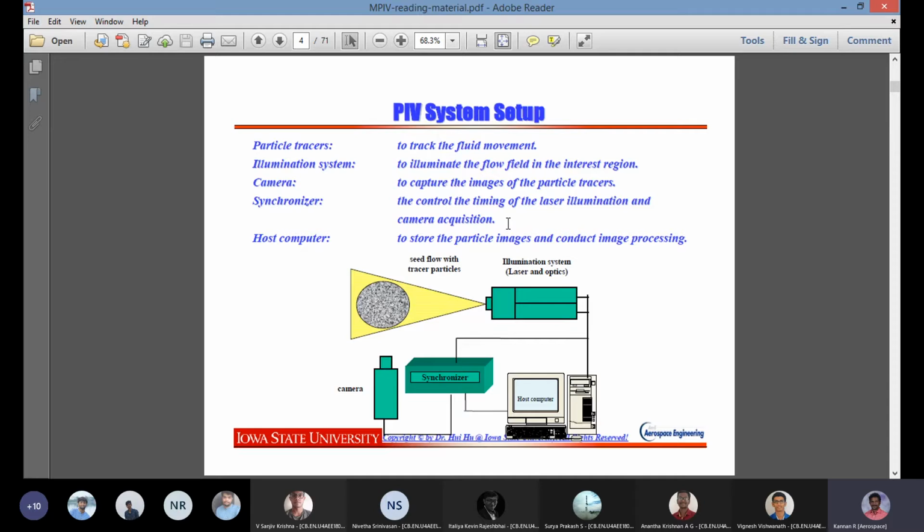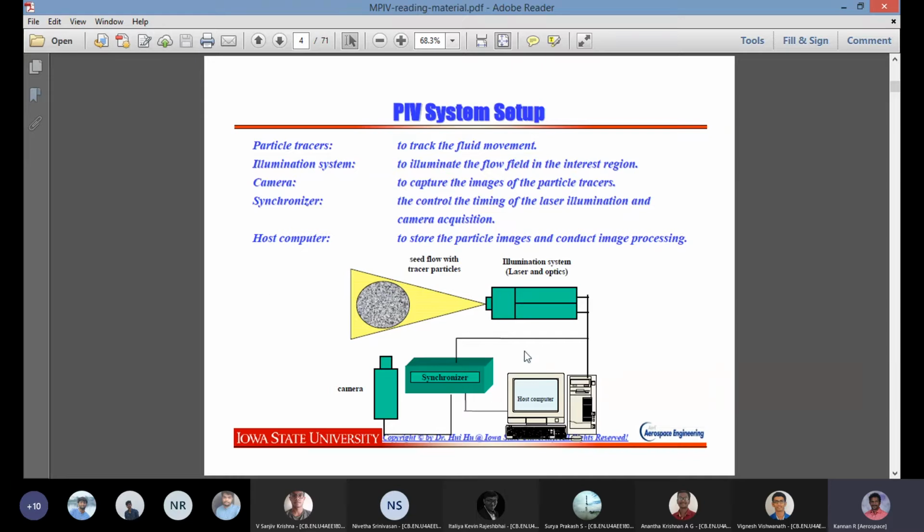If you have a pulse laser, whenever you want imaging, accordingly your camera as well as your laser are going to be started. When the laser is illuminated, your camera is going to capture that frame. So you have one-to-one synchronization. The synchronization unit should be there.